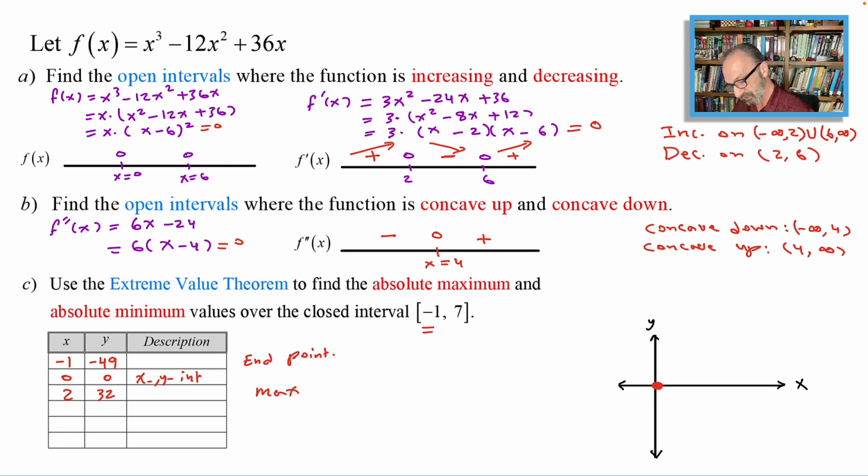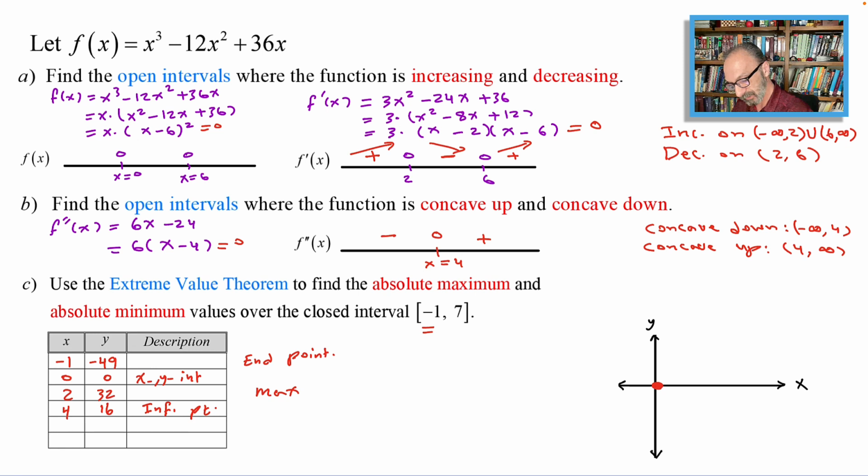Next, let's use the point 4, or x equals 4, and that is this right here. This point is an inflection point. Plugging 4 in the function, I do have 16, and that is an inflection point.